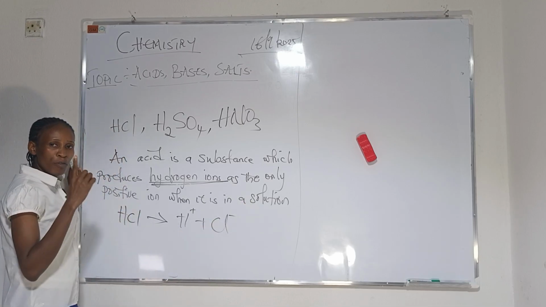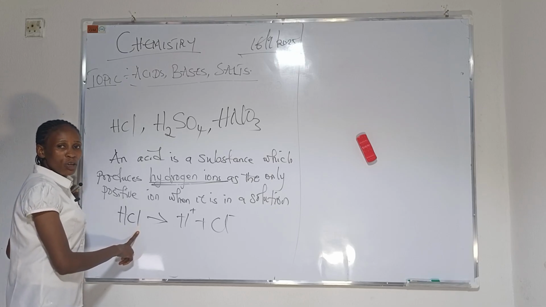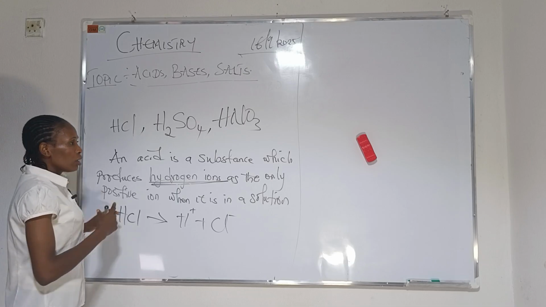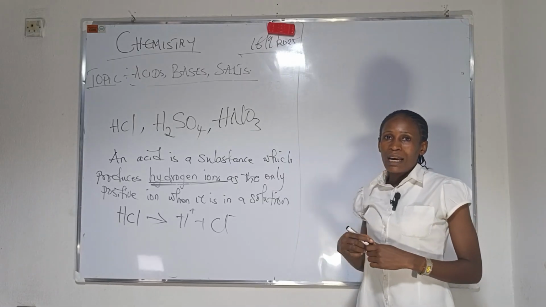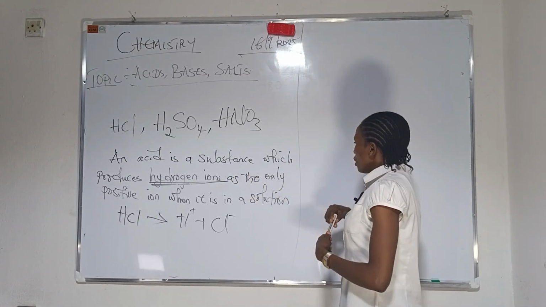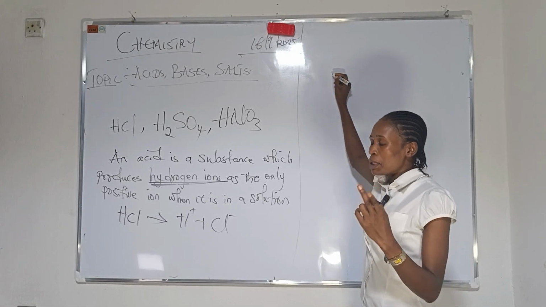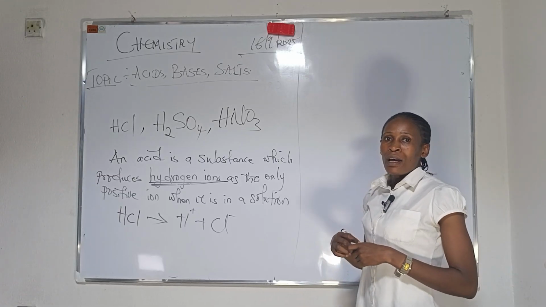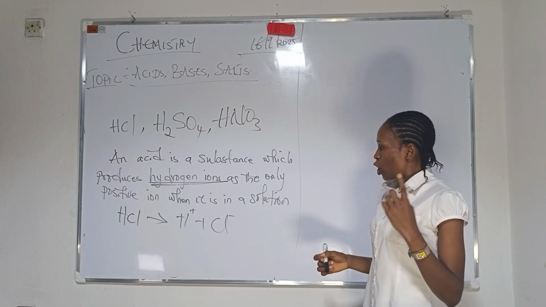Remember, don't forget that hydrochloric acid comes as a result of what we call chemical combination, electrovalent chemical combination. Let me explain in detail so that you can get what I mean. We have two main types of chemical combination: electrovalent chemical combination and covalent chemical combination.